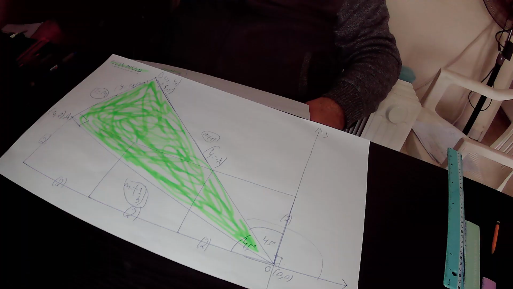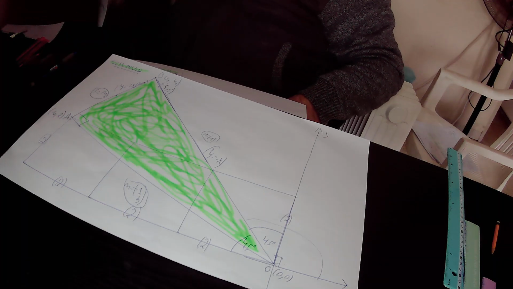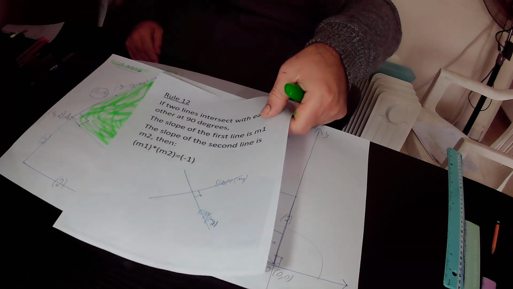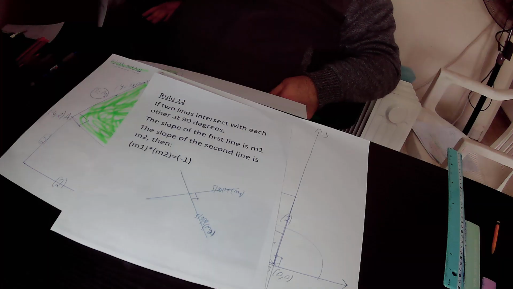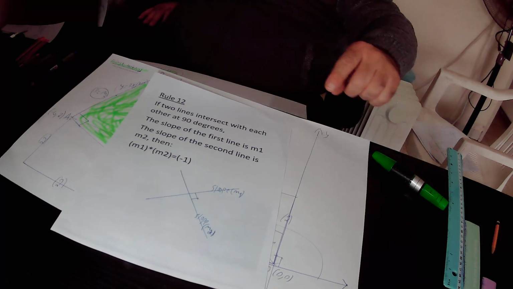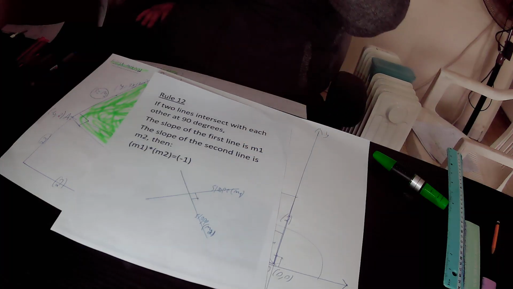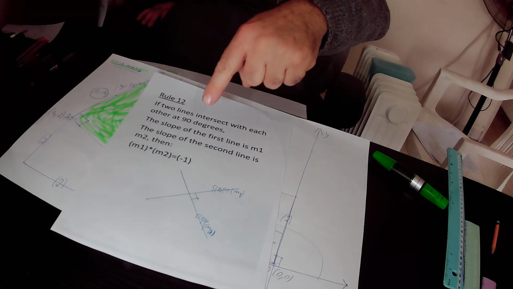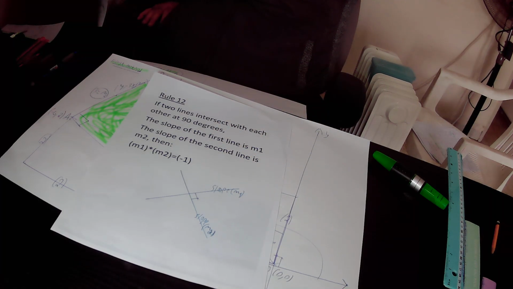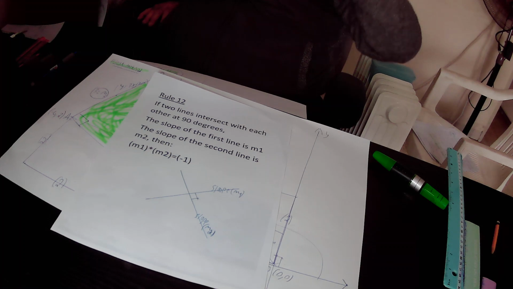So let me repeat quickly rule 12. According to rule 12, if two lines intersect with each other at 90 degrees, that is to say, they create a right angle at the intersection point, and we know that the slope of the first line is M1 and the slope of the second line is M2, then the following equation is true: M1 times M2 equals minus 1.